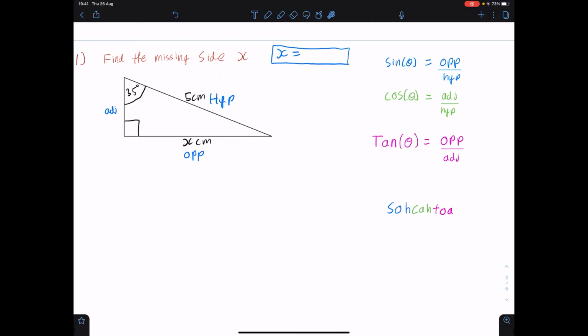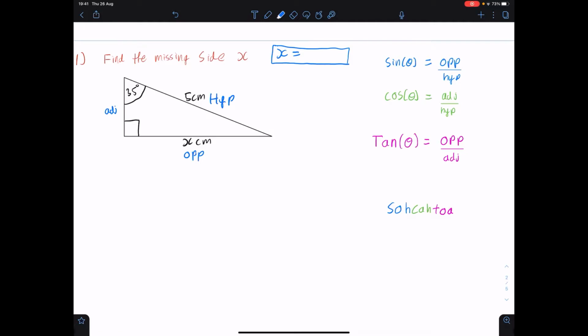So we have a measurement for the length of the hypotenuse, so this side will also be relevant. We have no information on the adjacent side. We don't know how long it is, and we're not asked to find anything about it. So in this question, the adjacent side is irrelevant.